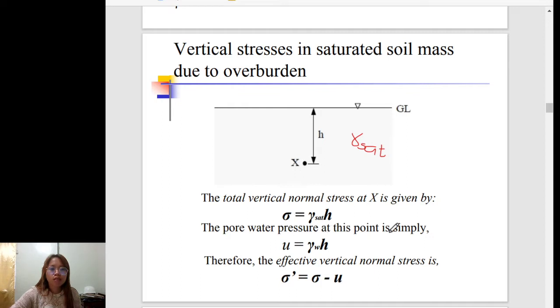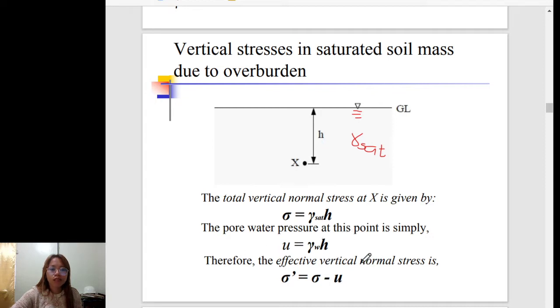And the pore water pressure at this point is simply, because there is water here, U equal to the unit weight of water times the height.